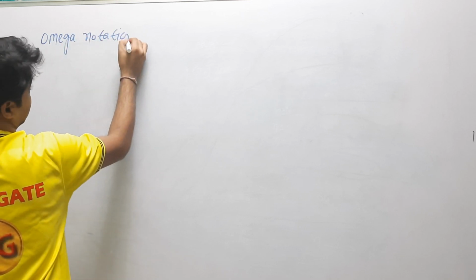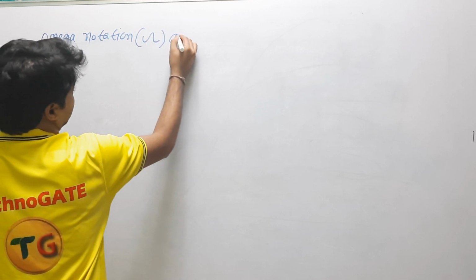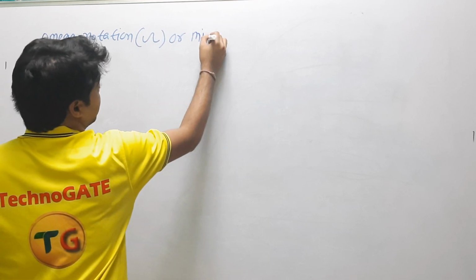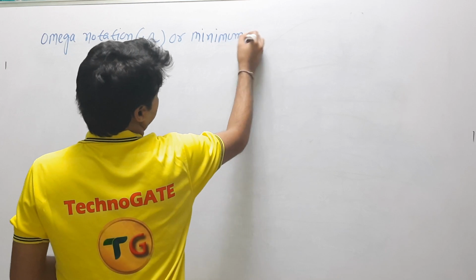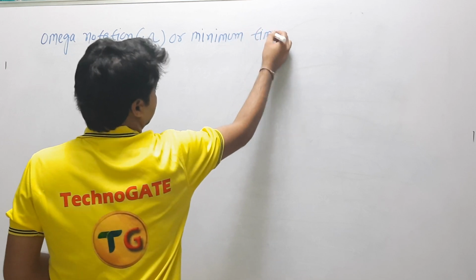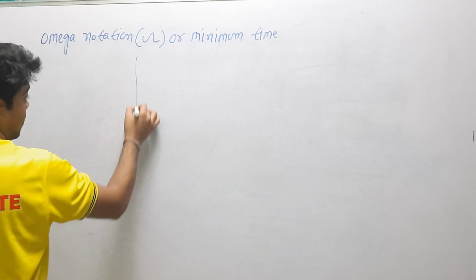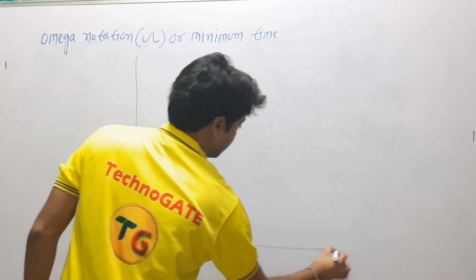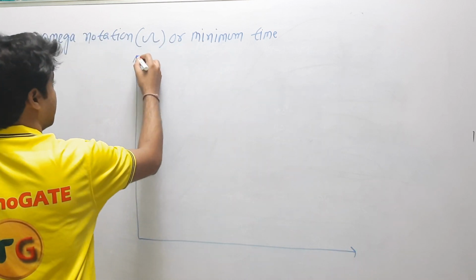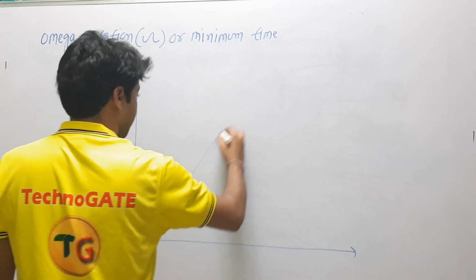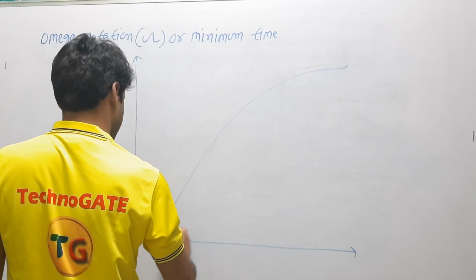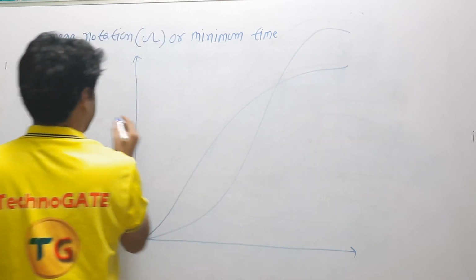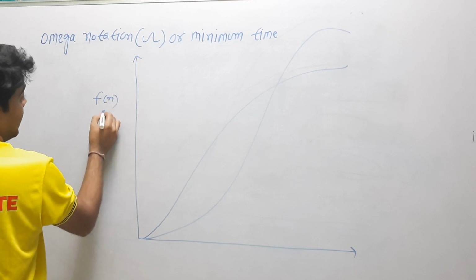Omega notation, or minimum time. So there are two functions here, Fn and Gn.